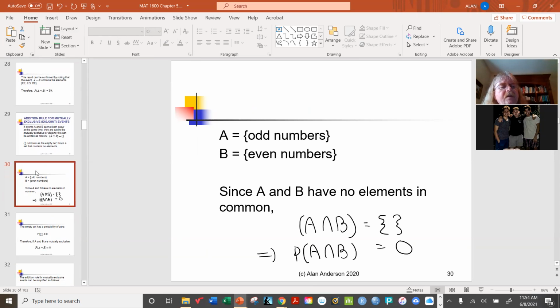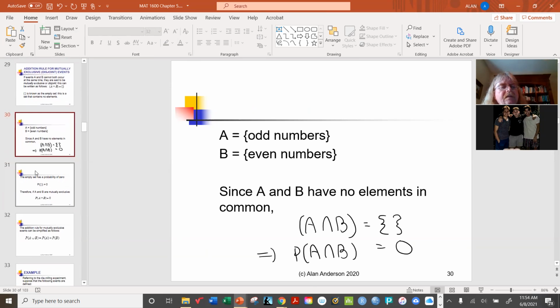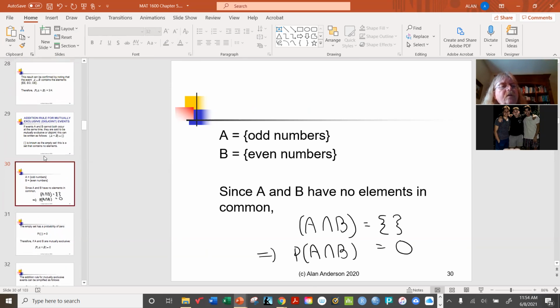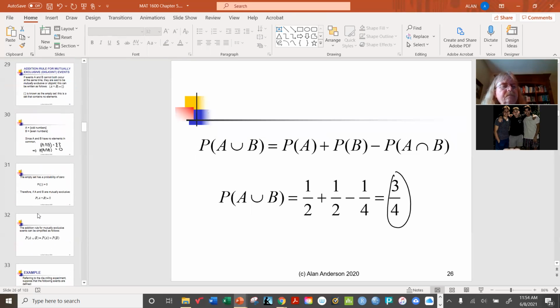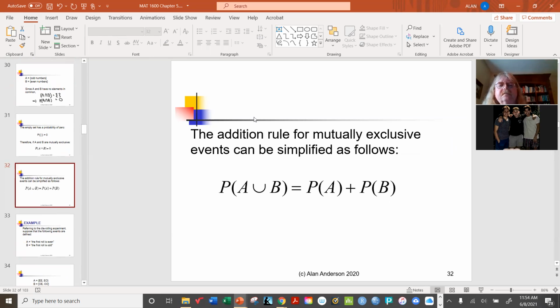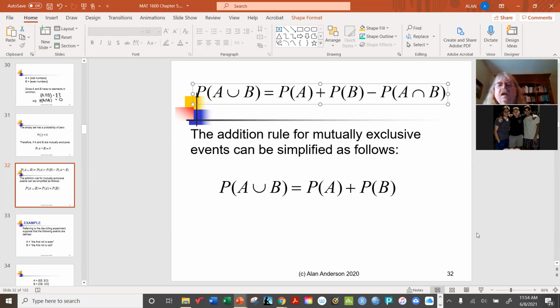Now, what does that have to do with the addition rule? Well, if you recall the way the addition rule is written, let me just go grab it again up here. See, there's the full addition rule. If this equals 0, then we can just leave it out. And we have this simpler rule.